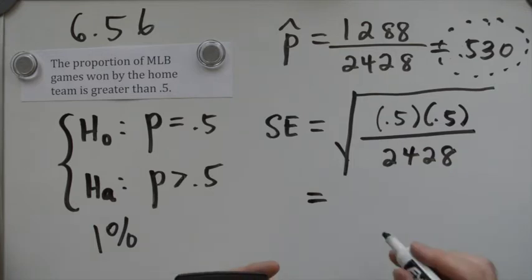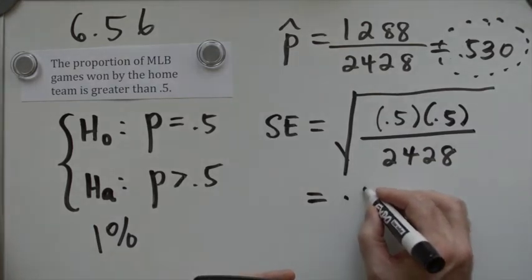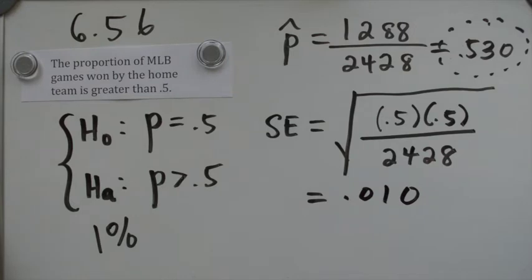I'm going to take the square root of that and calculate it. I get 0.010, which is identical to the standard error that we got from the dot plot.